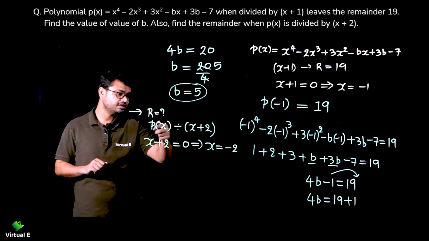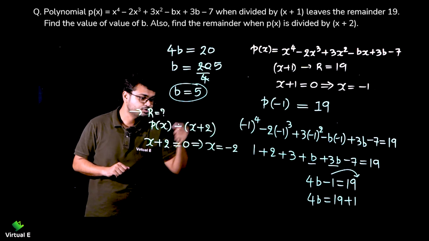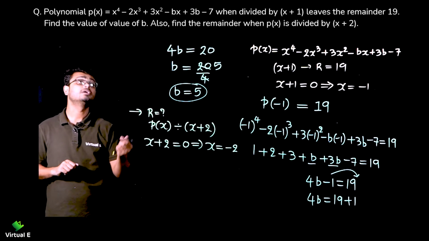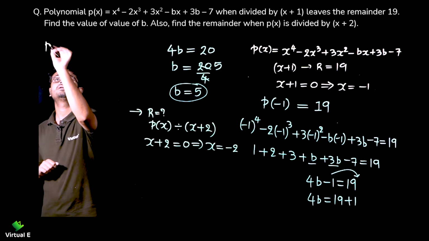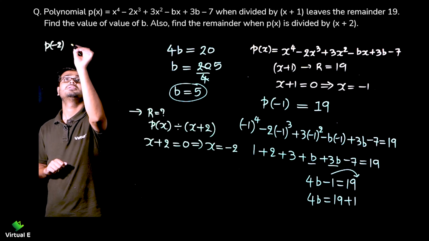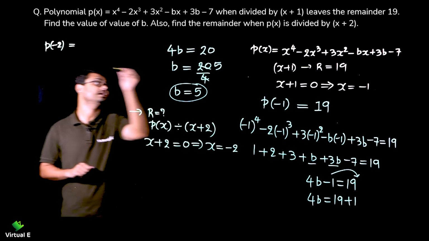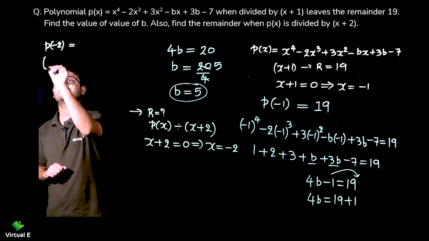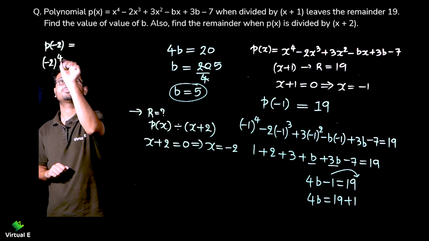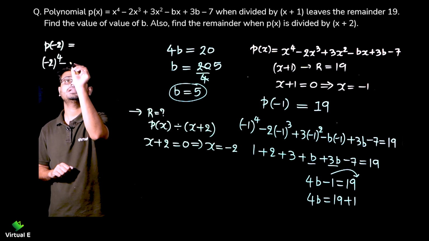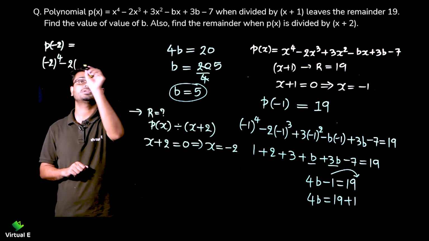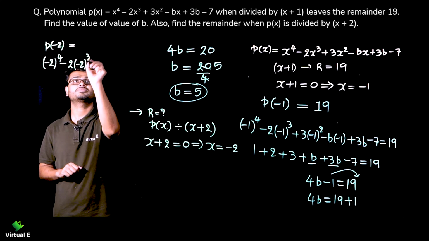First of all, let's start with p(minus 2). So here let's write p(minus 2), and p(x) raised to 4, so we can write (minus 2) raised to 4. Then minus 2x raised to 3, so minus 2 times (minus 2) raised to 3.